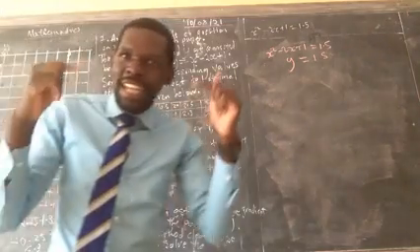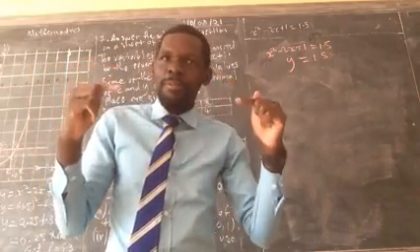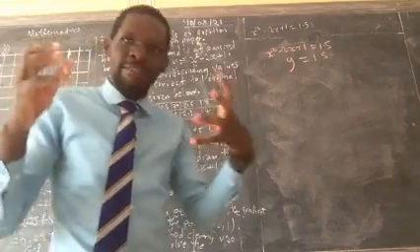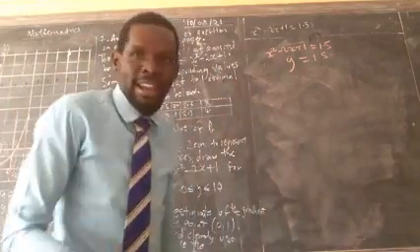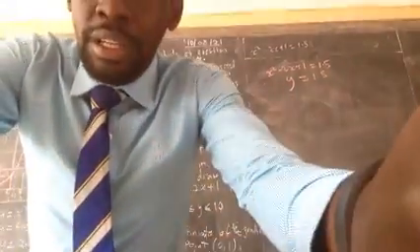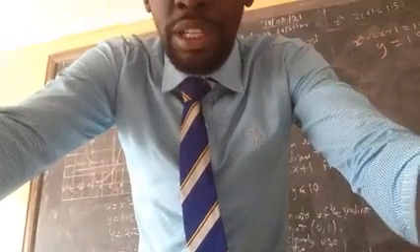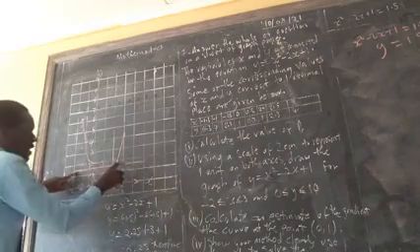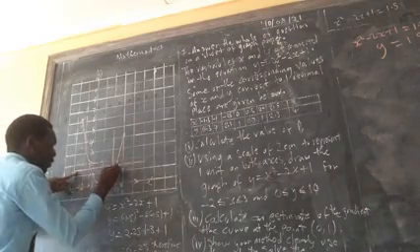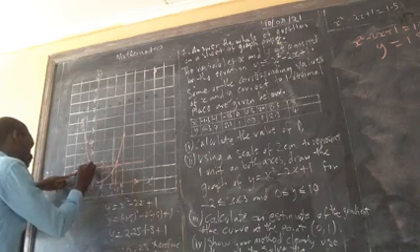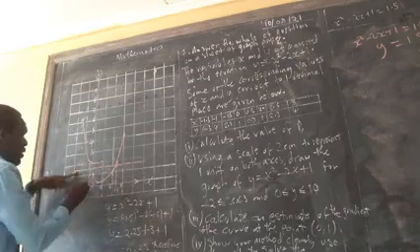So where that line meets the parabola, where it cuts the parabola, I'm going to get the values of x, and that's my answer. Let me just twist the camera so that you see very well. My line over here cuts the parabola here. I'm going to draw lines coming down to x, and on this side, I'm going to do the same.